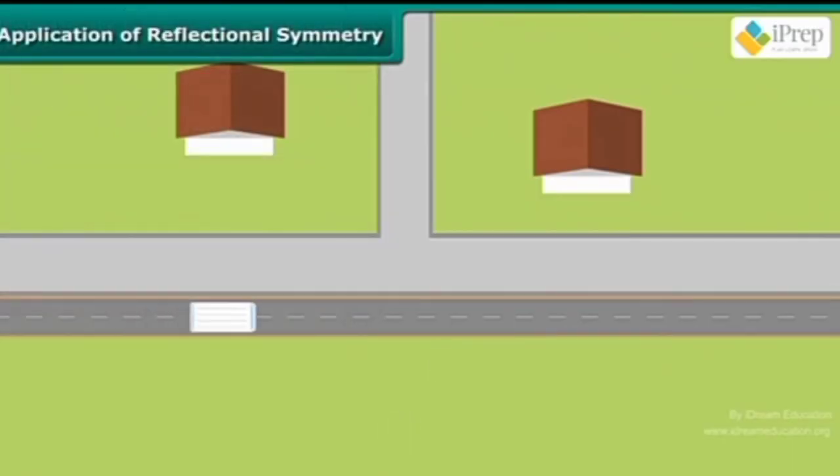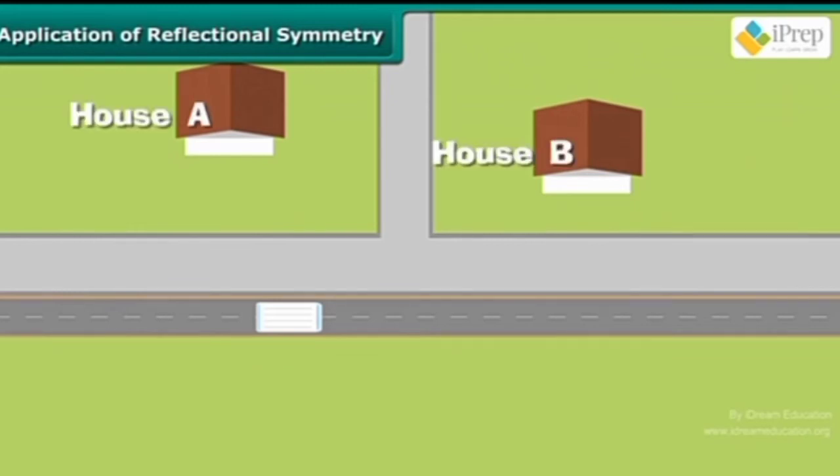A milkman wants to park his van at some point on street and distribute milk to houses A and B. Can you suggest him where should he park his van so that his walking distance from the street to the houses A and B will be least? Let us find out. We can use reflectional symmetry here.